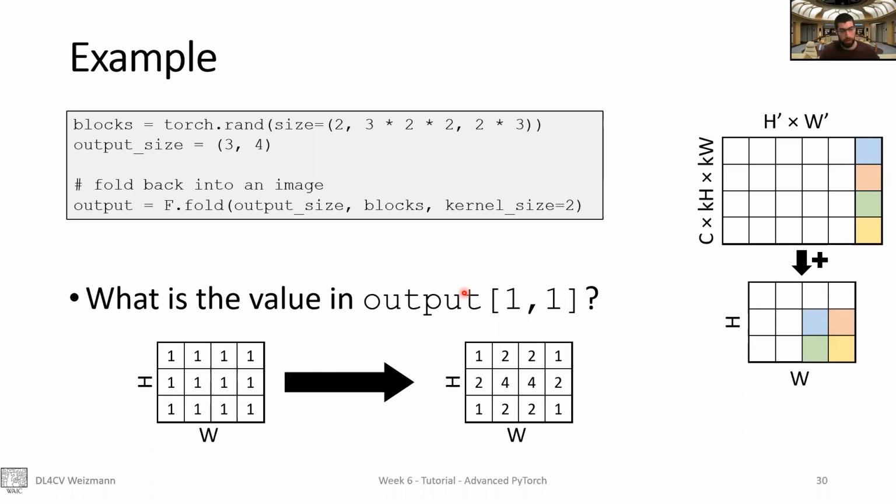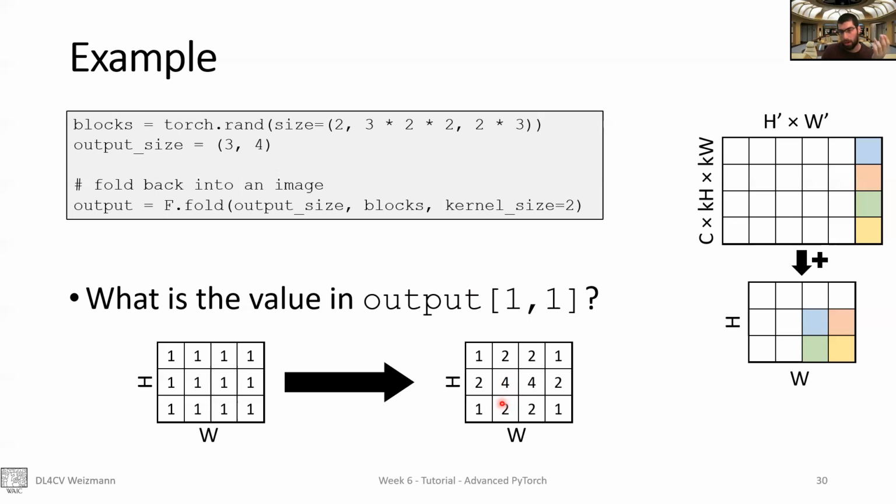It would be 4. Why? Because 4 elements were summed together in this cell, and all the elements are 1. Okay, so doing unfold and fold is not identity. That's very important to remember.